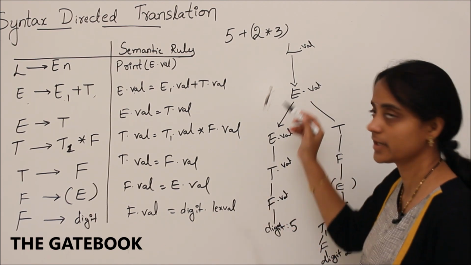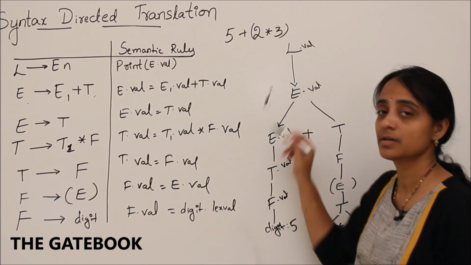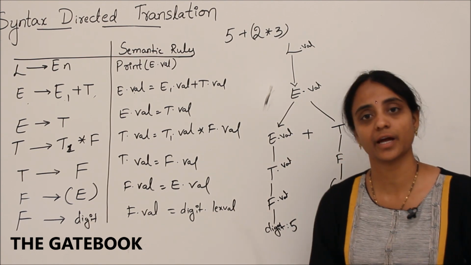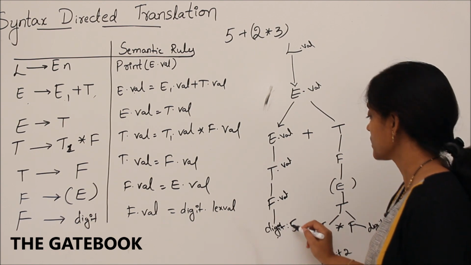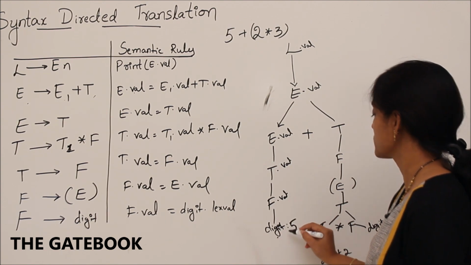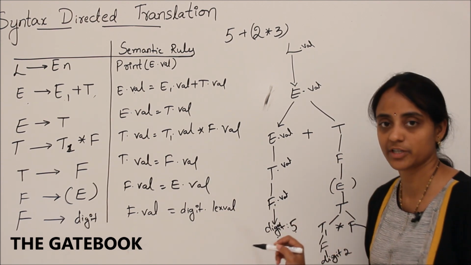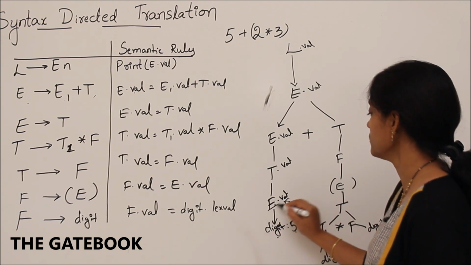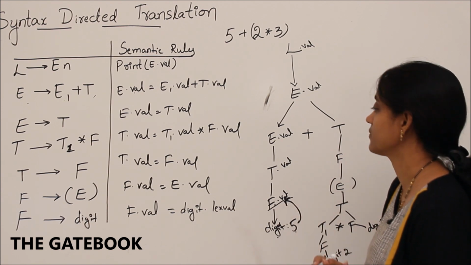To compute any attribute value at an internal node, we should first compute the leaf node attributes. So let's start with this one. Here the first one is 5. Whenever there is an F derives digit production, we directly copy the value of that digit to F. So here we have F.val.